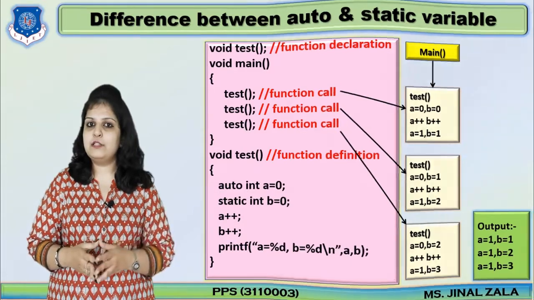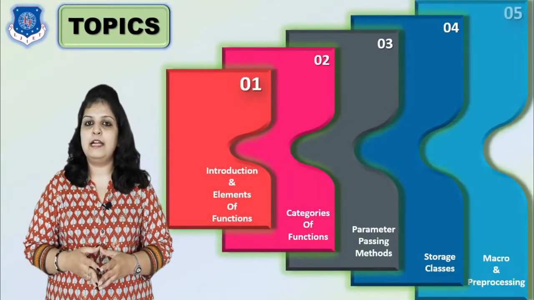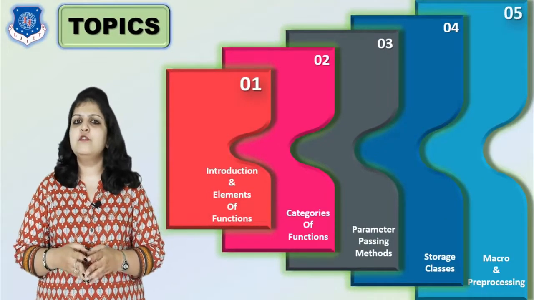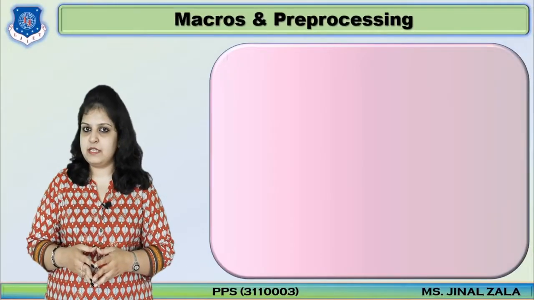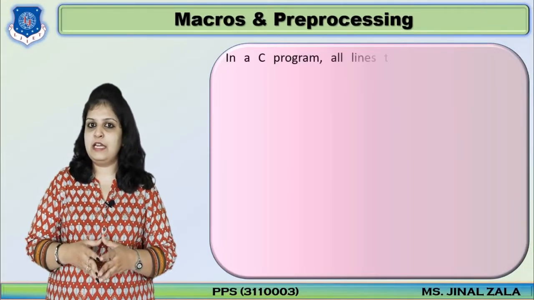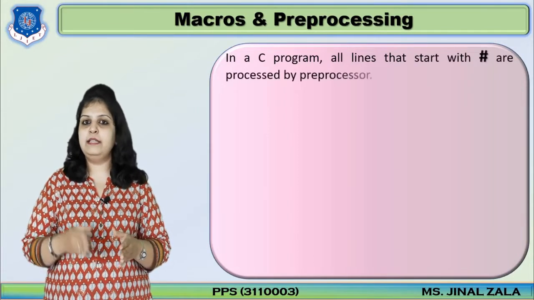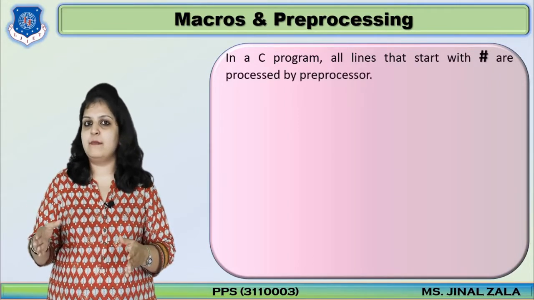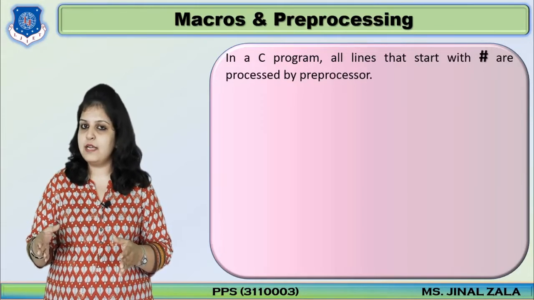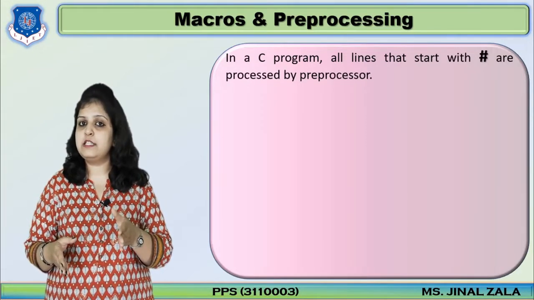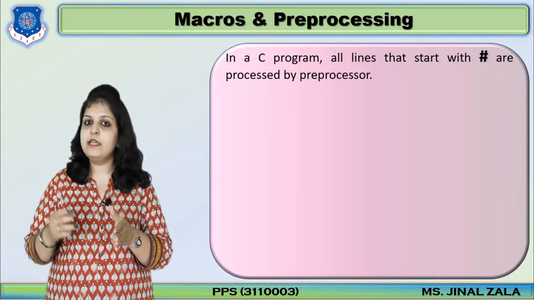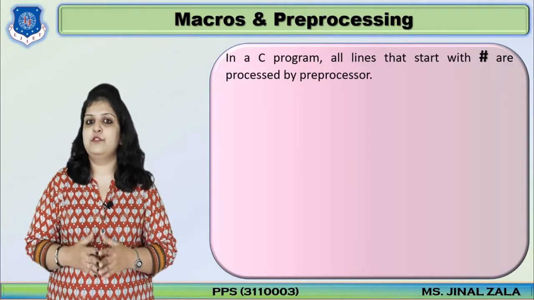Now our last topic is macro and preprocessing. So first of all, what do you mean by preprocessing? When you write any type of program, first of all you have to compile the program, and after that you can run the program and get the output, right? So the process which is done at compile time is called preprocessing.